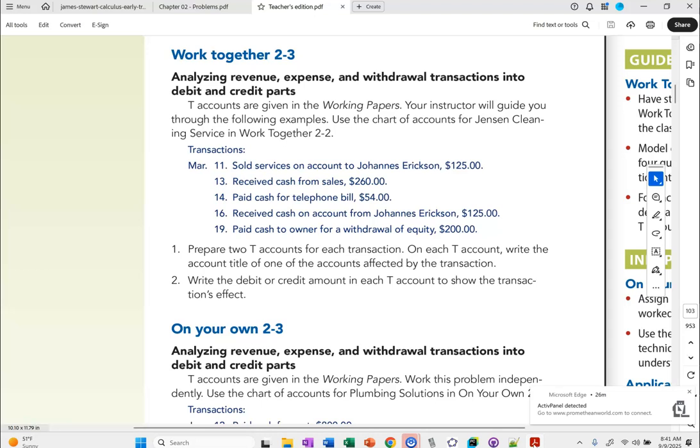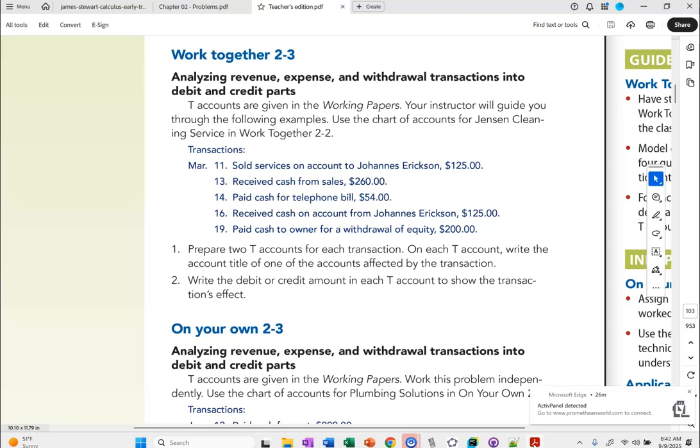So if we have a plus on the asset category, this one has to be a minus, so it's a credit to accounts receivable in the same amount. Does that feel okay? Because those are on the same side of the accounting equation. Correct. They're both assets.